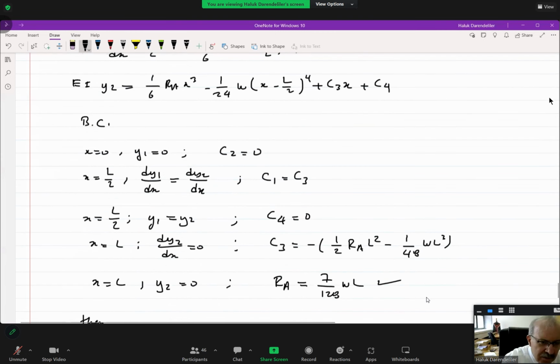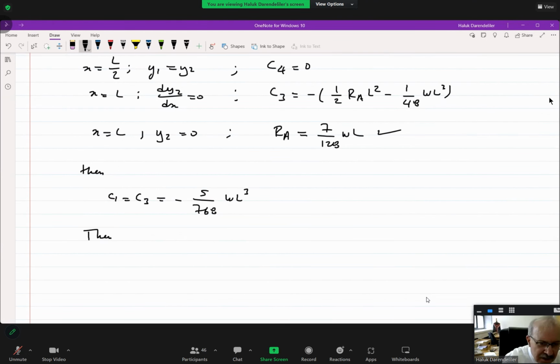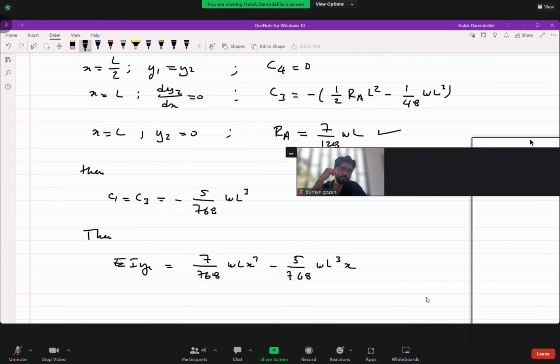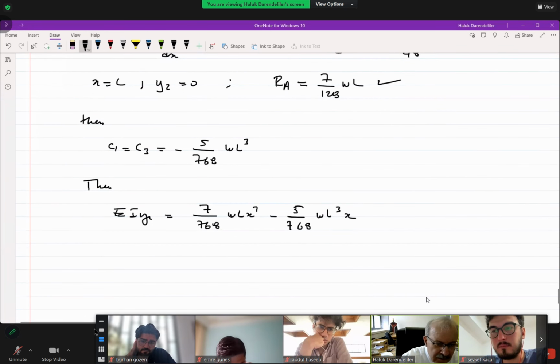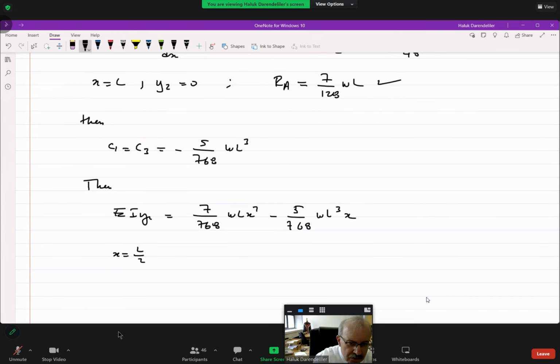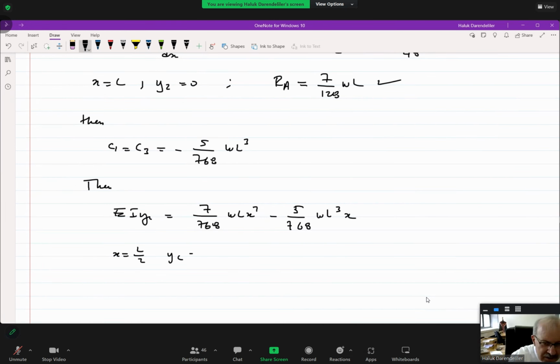Now, then we can say that EIY1 is equal to, now if you put all these into the equation, 7/768 WLX cube minus 5 over 768, please check these or do this by yourself also, WL cube X. Now, this is the equation of the Y1. Now, we are looking for the deflection of point C. Therefore, when X is equal to L over 2, YC is equal to Y1 when X is equal to L over 2.